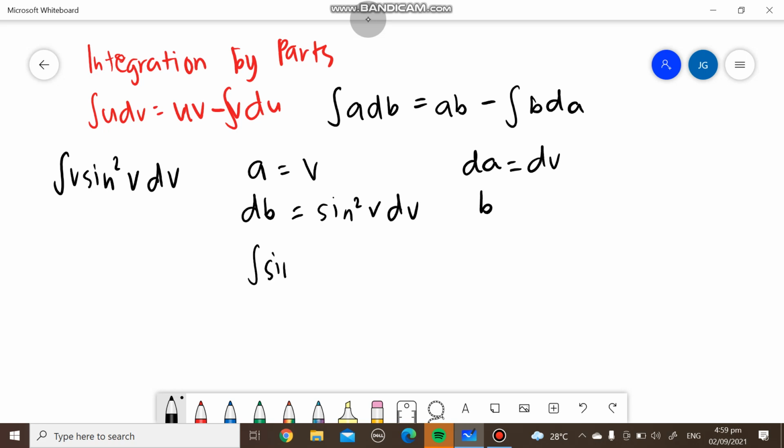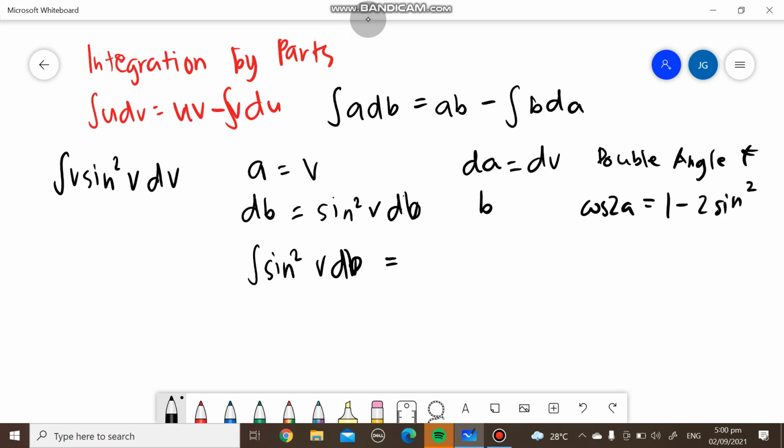So, the integral of sine squared v db is equals to, first thing to do here is to palitan yung sine squared v using the double angle formula. It's this double angle formula. So it states here that cosine 2a is equals to 1 minus 2 sine squared a.